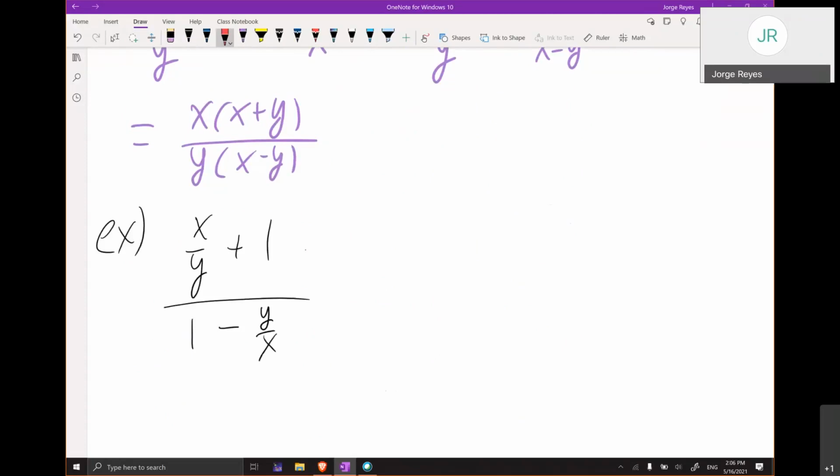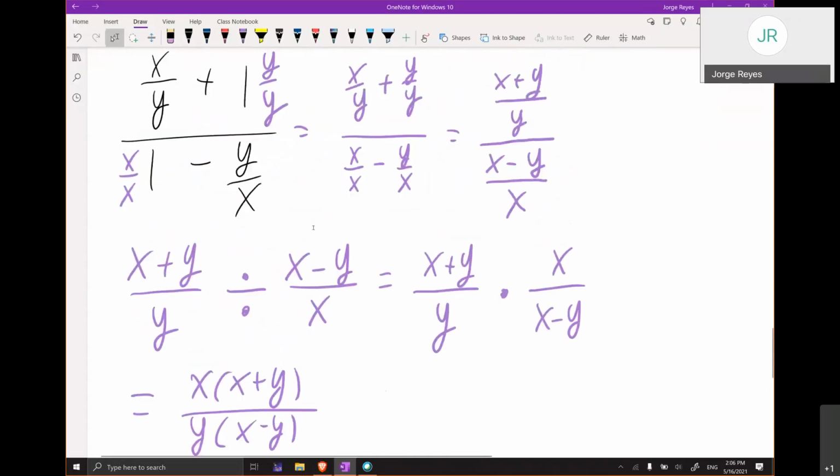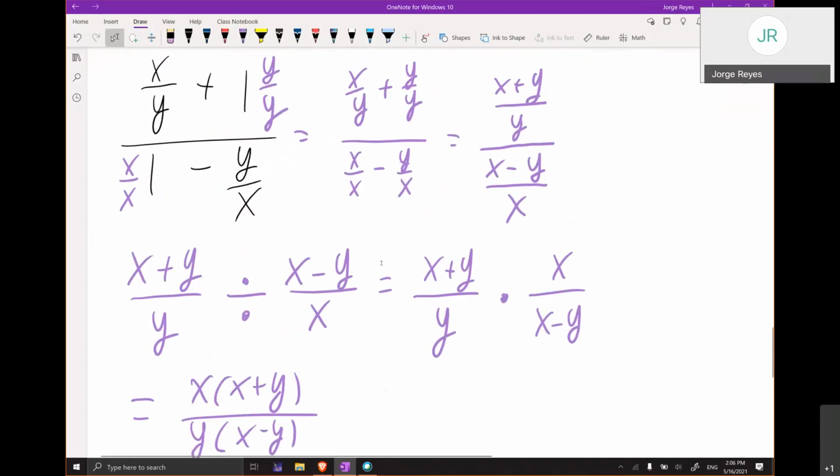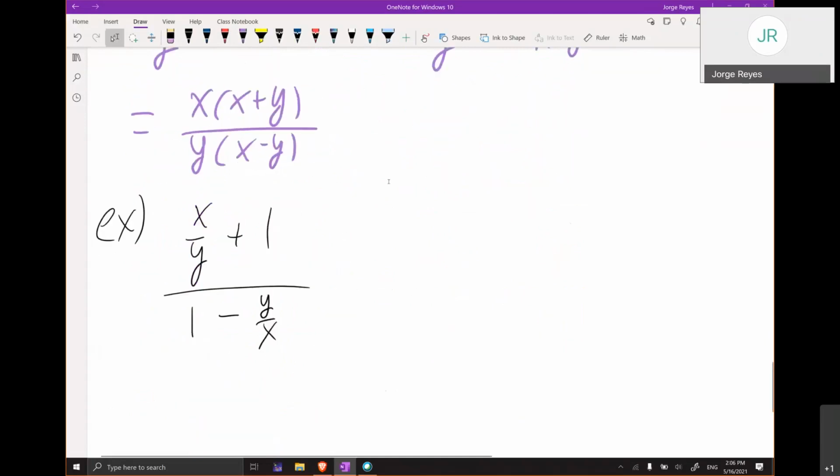And instead of doing this tiny y over y, x over x, and then combining all of this, one thing you could do is, since here it's kind of easy, you can see the common denominator of everything here. What if I multiply the top and the bottom of the big fraction by xy?